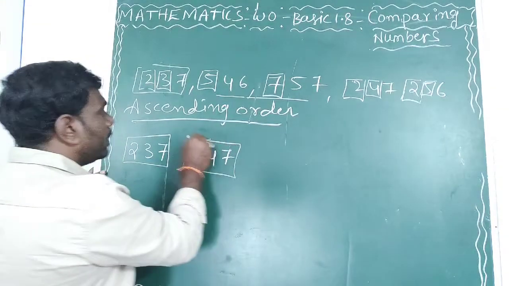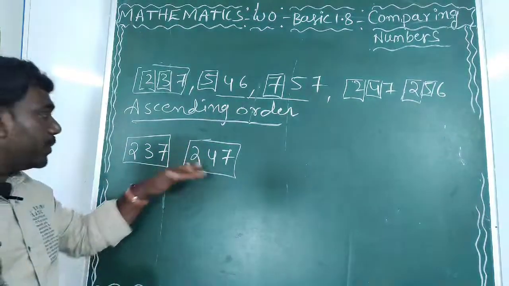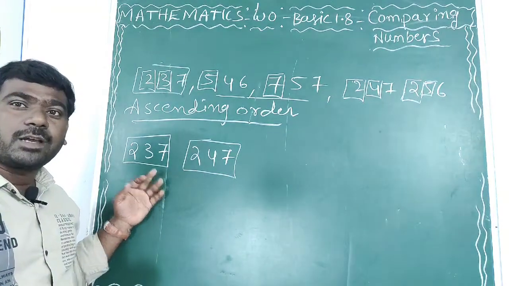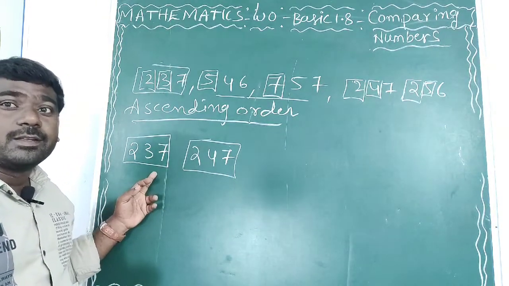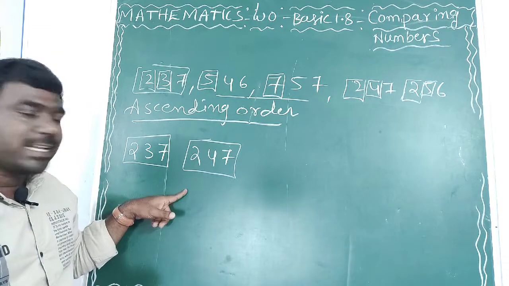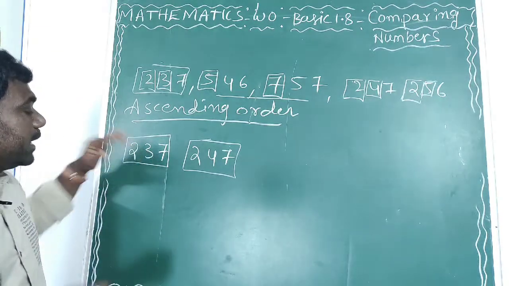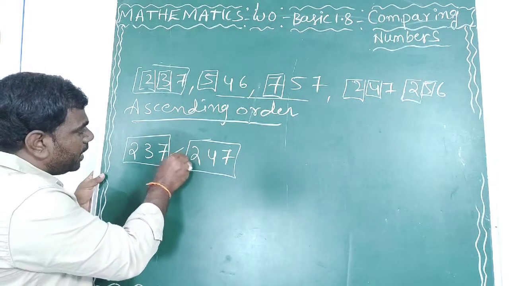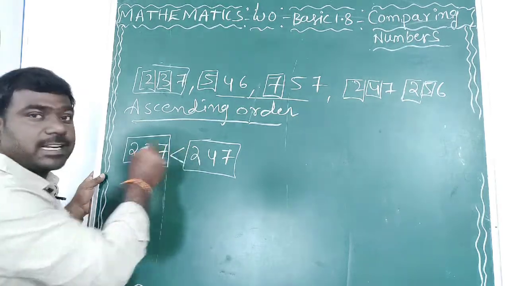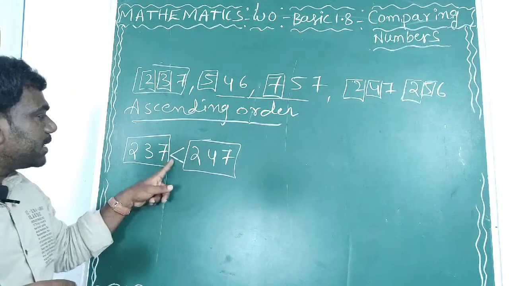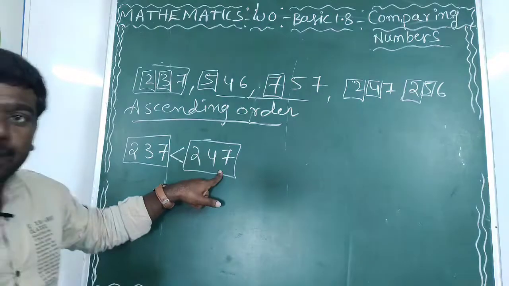Now, compared to these 2 numbers, which one is smaller and which is greater? 237 is smaller, or lesser, than 247.